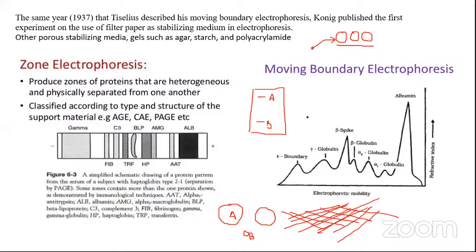Yes, sir. Okay. Now, once you stop the electrophoretic applied field, what's the chance that B will start to diffuse away and get mixed up with A, or A will start to diffuse away and get mixed up with B?